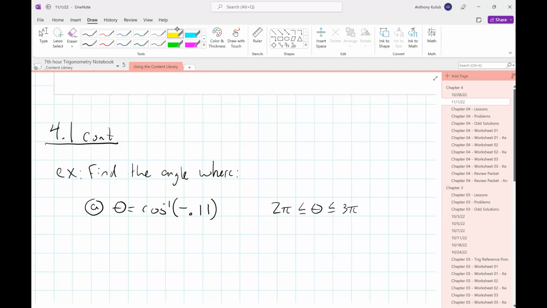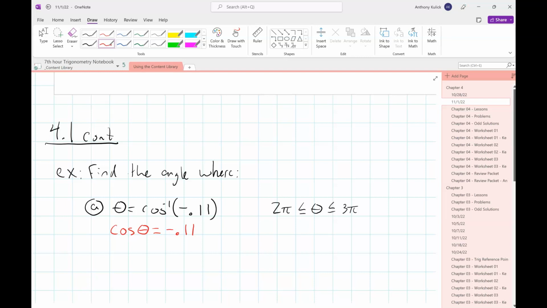The start is going to be just like what we did for the previous type of problems. I want to start by identifying the quadrant that the terminal side of my answer needs to lie. So I know that theta equals cosine inverse of negative 0.11 is the same thing as just saying cosine theta equals negative 0.11, right? That's just our definition of inverses, that you can go back and forth.